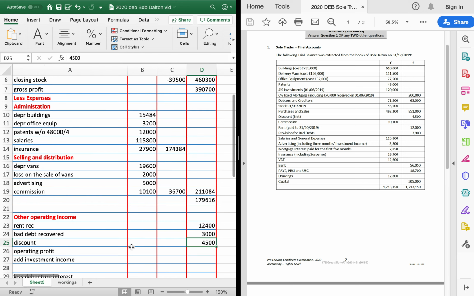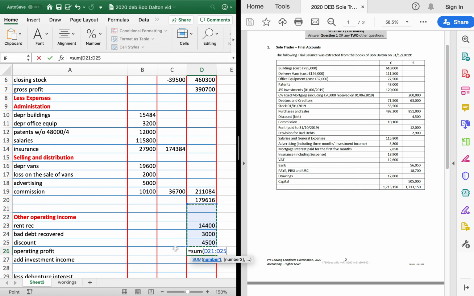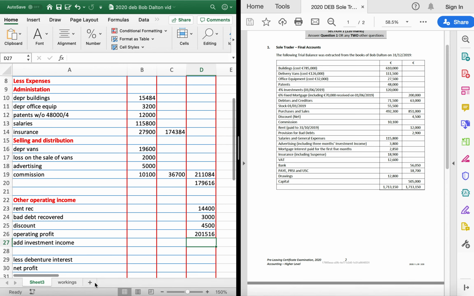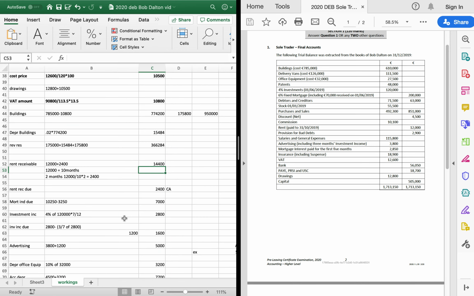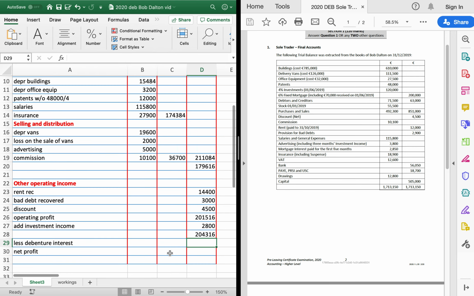So the joys of being able to see the question in front of you at the same time. All right, so just add the three of those on. 201,516. Then we have our usual investment income. 2.8. 204,316, and then we've our debenture interest or mortgage interest.